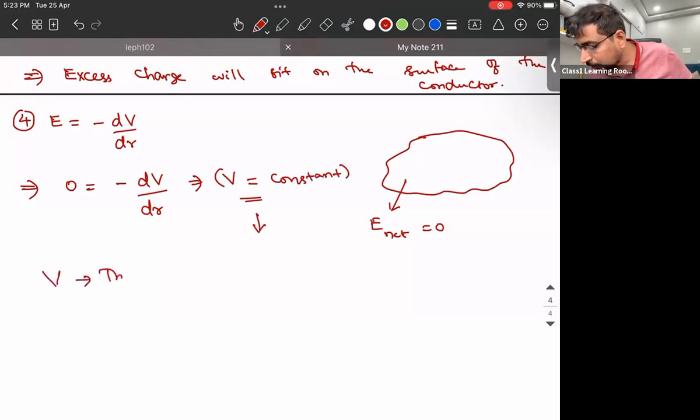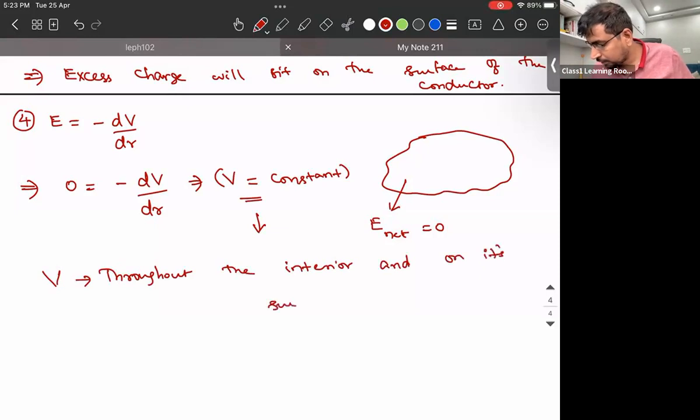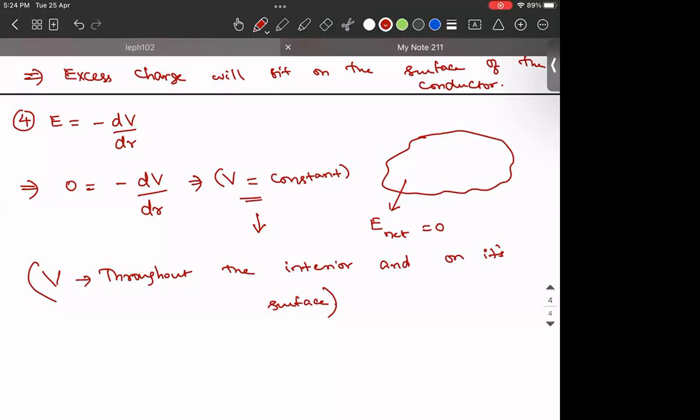Where is it going to be constant? V is constant throughout the interior and on its surface. Make a note of this one.